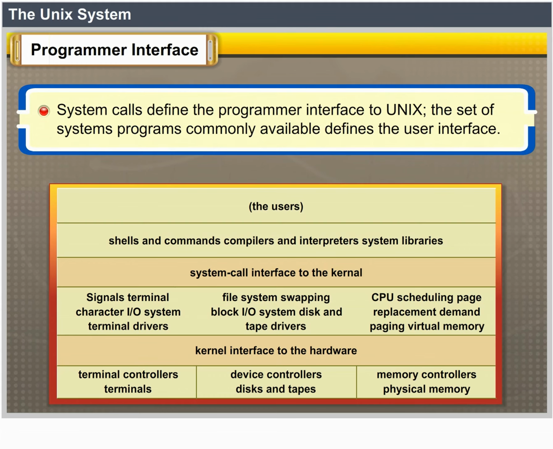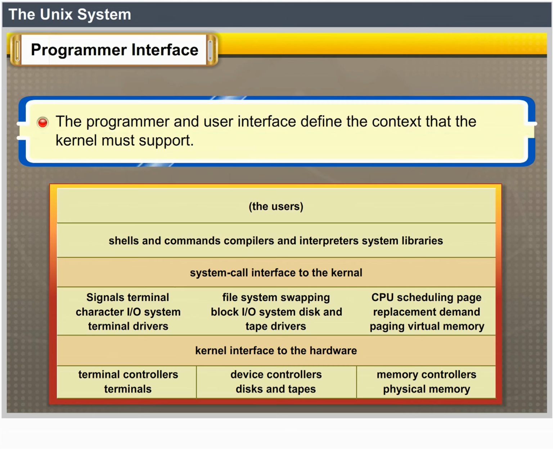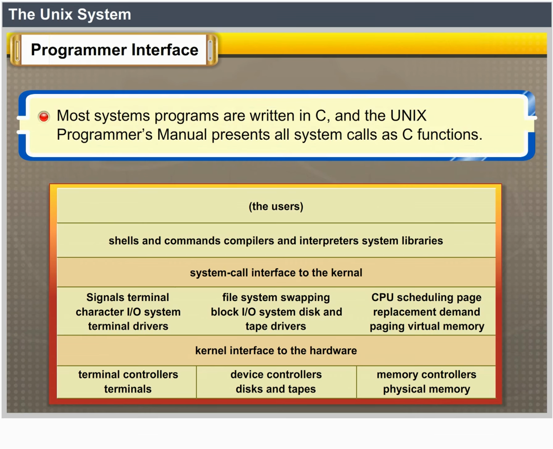System calls define the programmer interface to Unix. The set of systems programs commonly available defines the user interface. The programmer and user interface define the context that the kernel must support. Most systems programs are written in C, and the Unix Programmer's Manual presents all system calls as C functions.